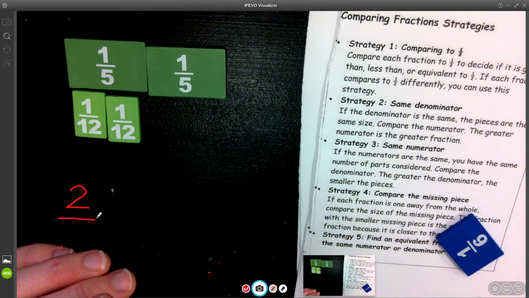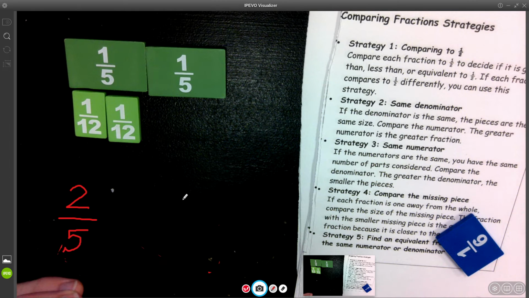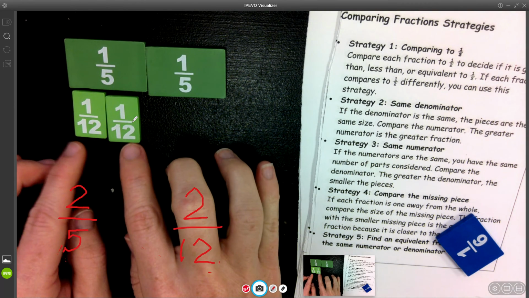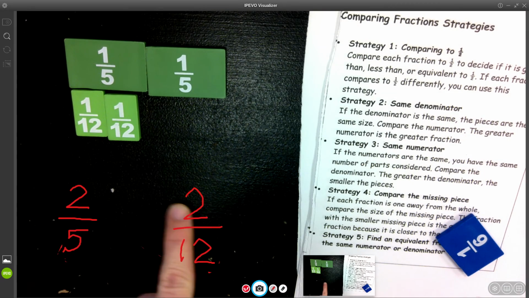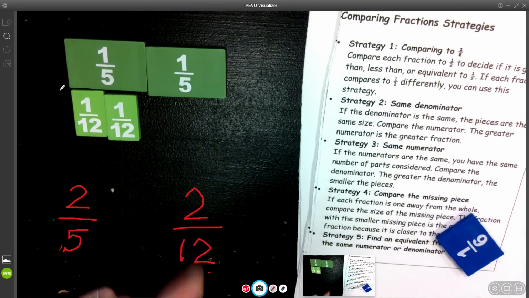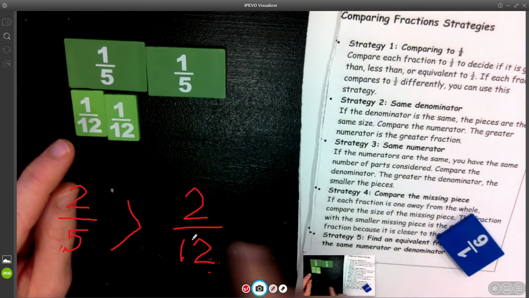So when you have the same numerator, you have to think kind of backwards than anything that you've learned so far. So 2/5 compared to 2/12. Now, remember, the larger the denominator, the smaller the piece. So if I have the same numerator, I know that 2/5 is much greater than 2/12.